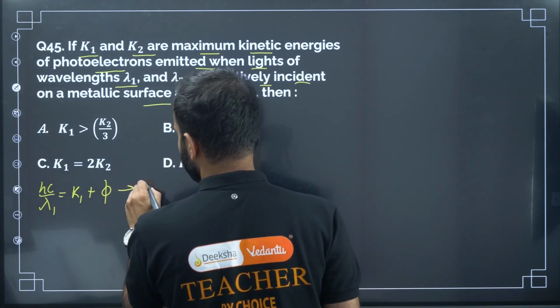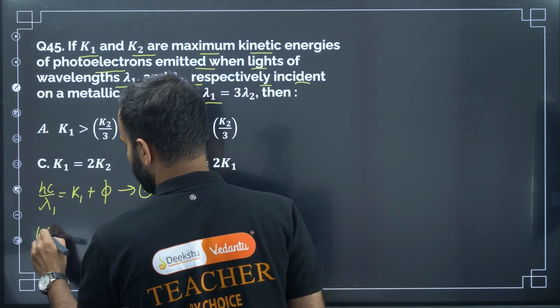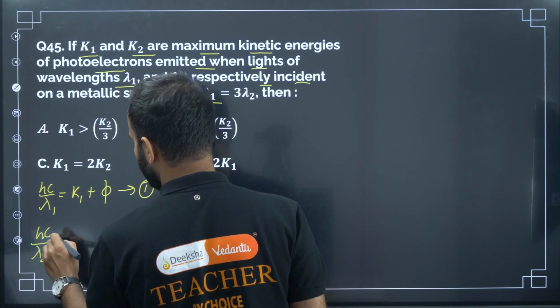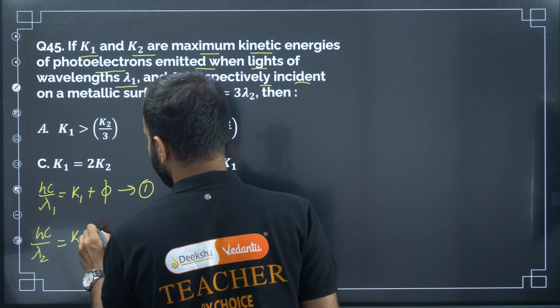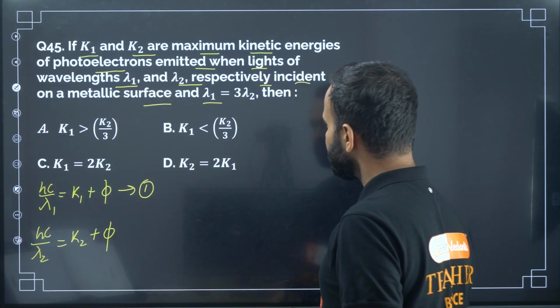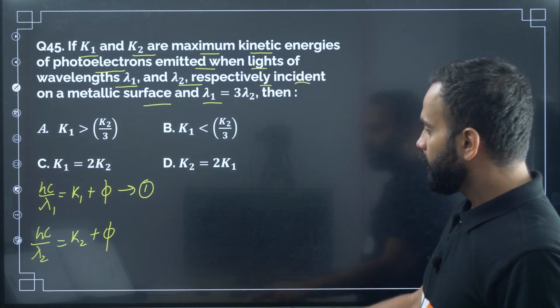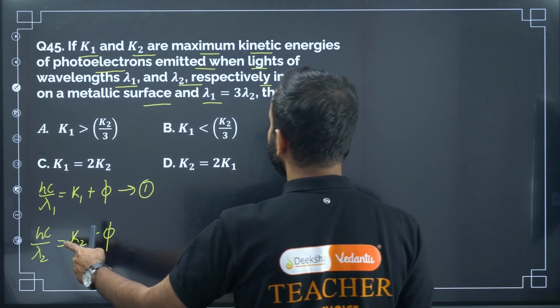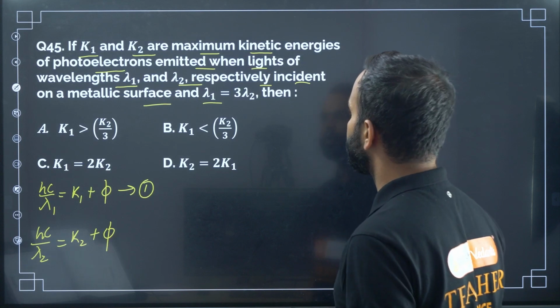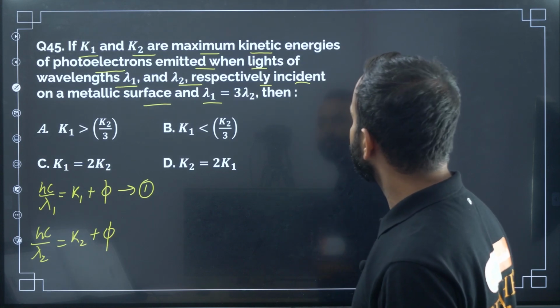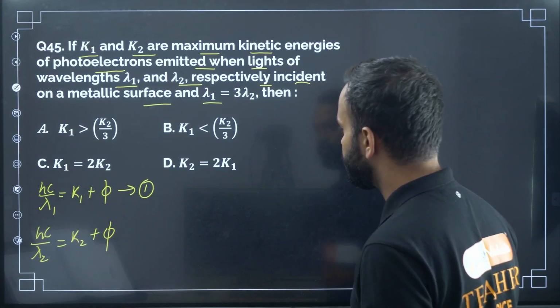This is the first equation. Now the second equation: Hc by lambda 2 is equal to K2 plus phi. Work function is the same.